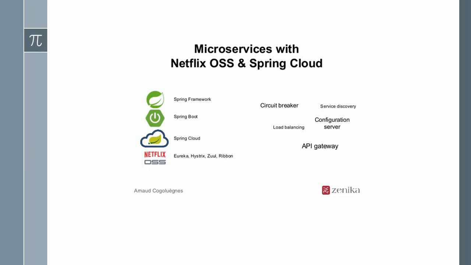I discussed Spring Cloud, and as you see here, Netflix OSS Eureka is for discovery purposes, and Hystrix is, as I described in the previous slide, what you can use with its Hystrix dashboard for circuit breakers.